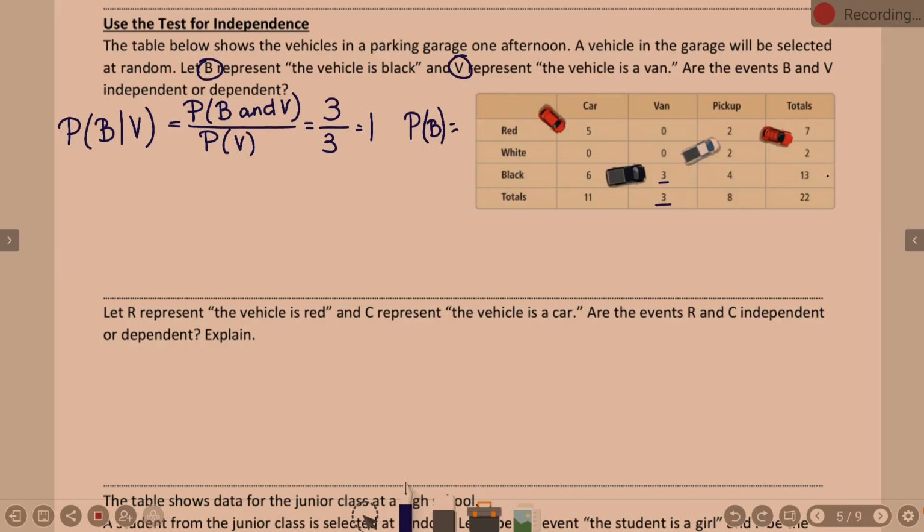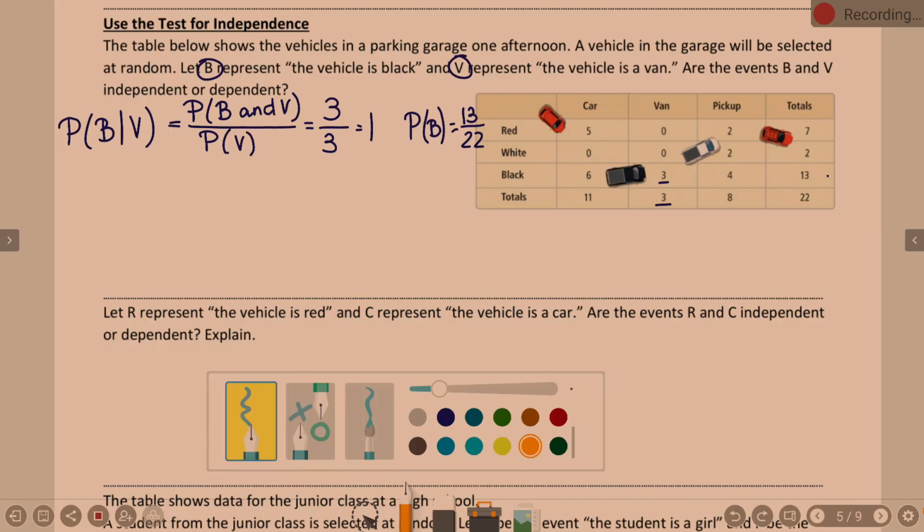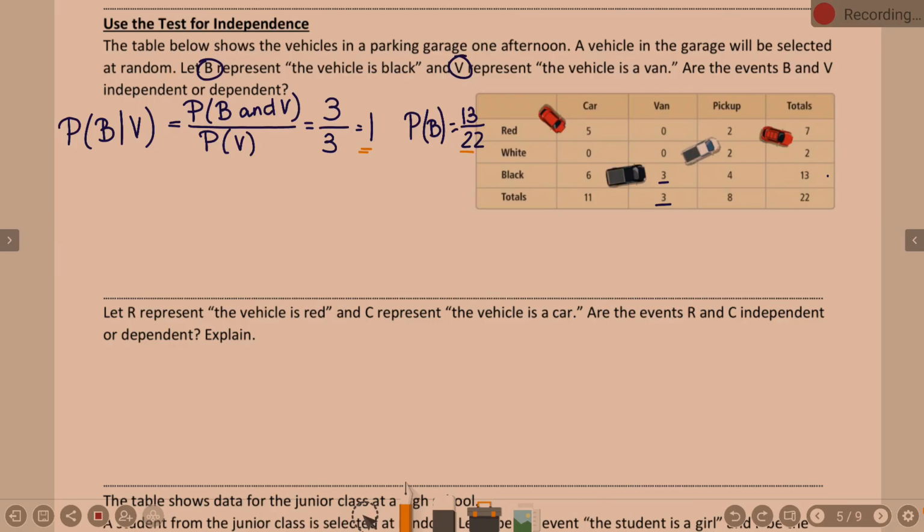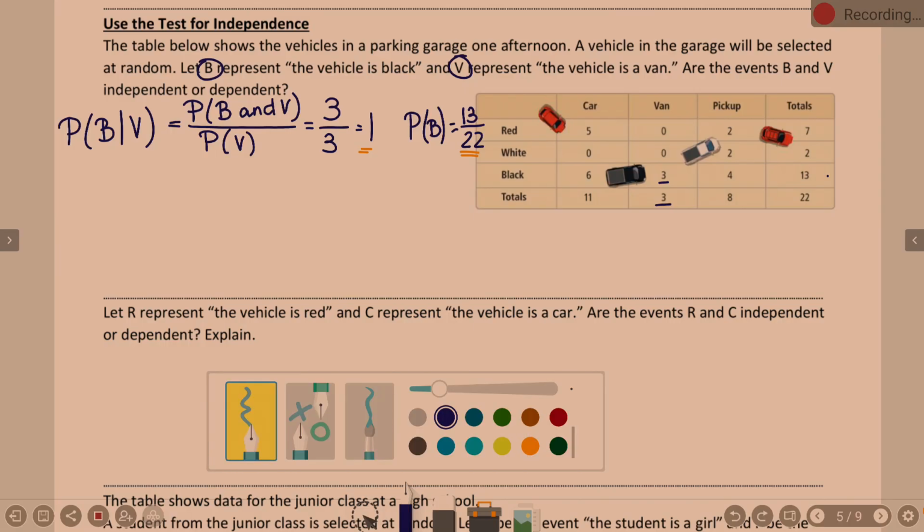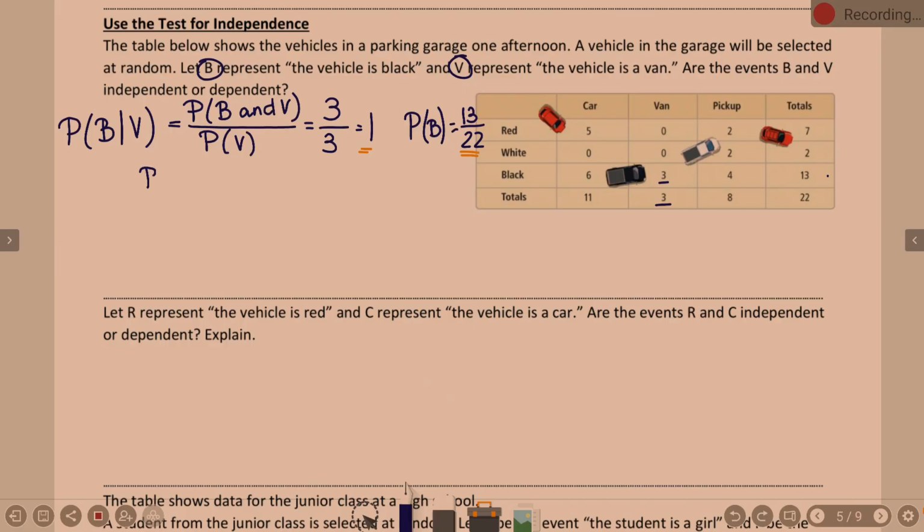There's 13 of them. Out of how many? 22 total vehicles. What do we know about those two probabilities, 1 and 13/22? Are they the same? No. So I can make the statement that the probability of black given it's a van does not equal the probability it's black.